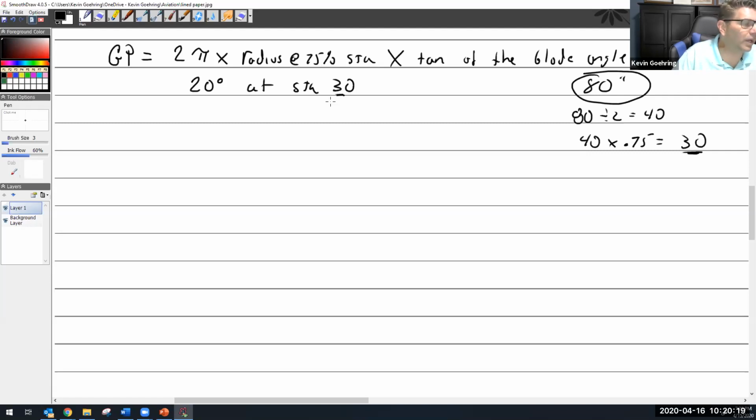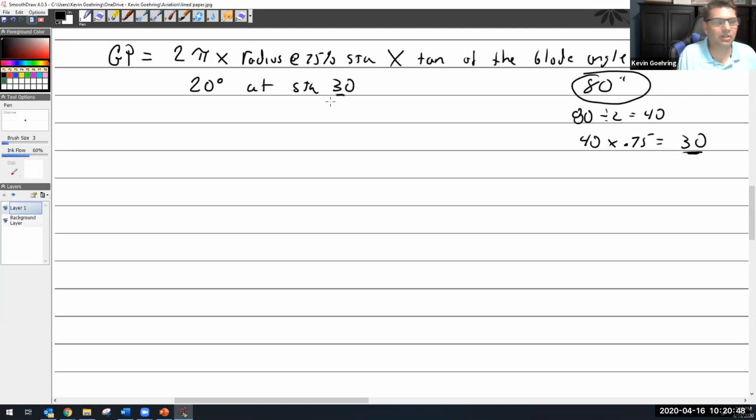So I got a prop and I measured it and found it was 80. Then I divided by 2, multiplied that by 0.75, and found out I should be at the 30-inch station. So I measured out from the center of the hub out 30 inches. Then I used a prop protractor, using it correctly, and found that the blade angle right there is 20 degrees.